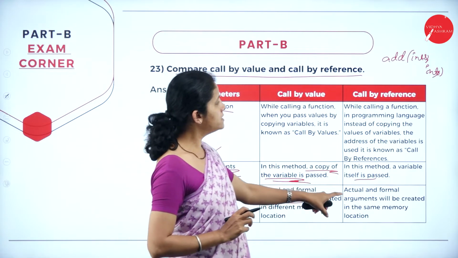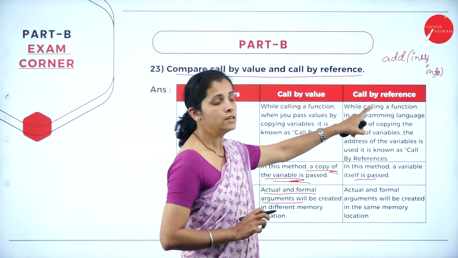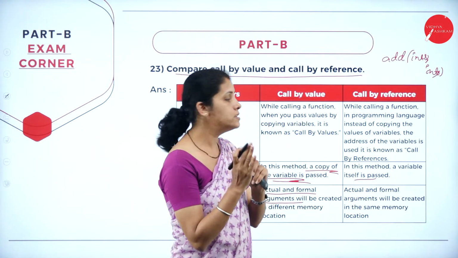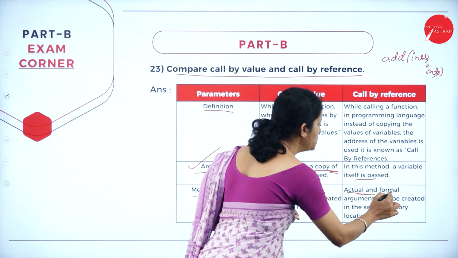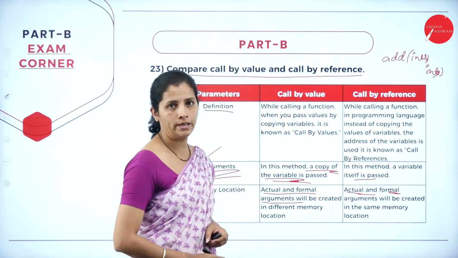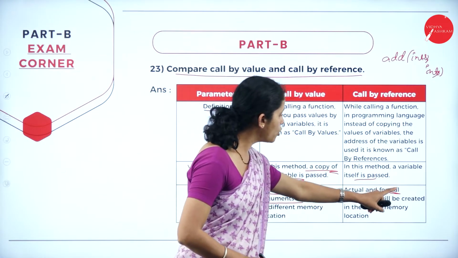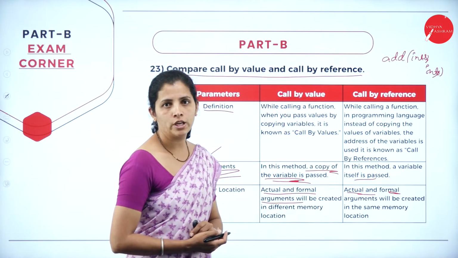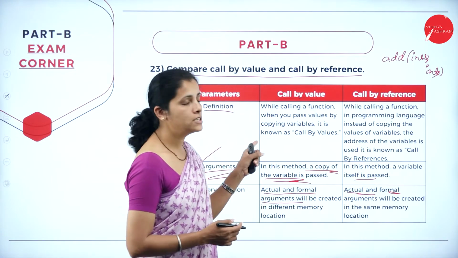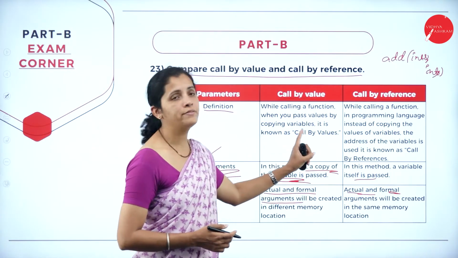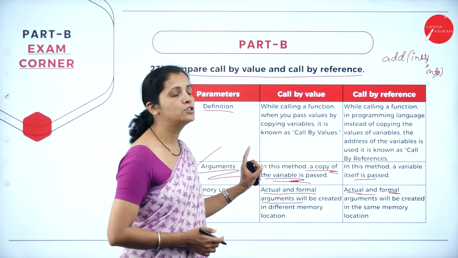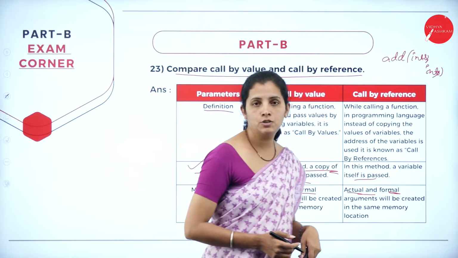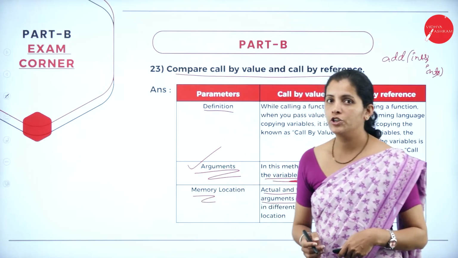But if I consider call by reference, the same memory is shared between the actual and formal argument. So, what are the differences here? First, based on the definition. The second difference based on the arguments. And the last difference is based on the memory allocation.